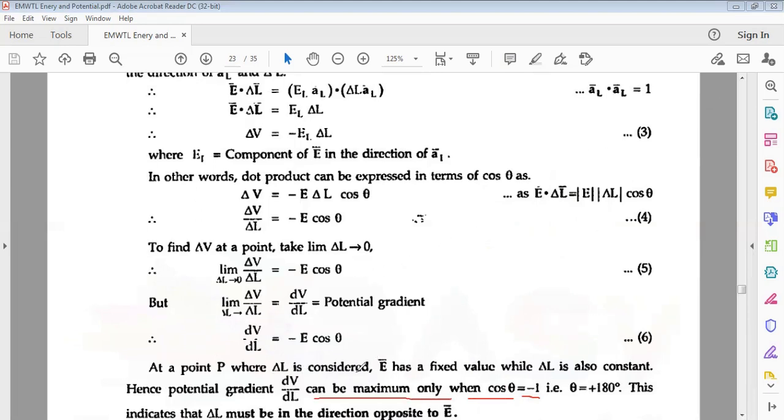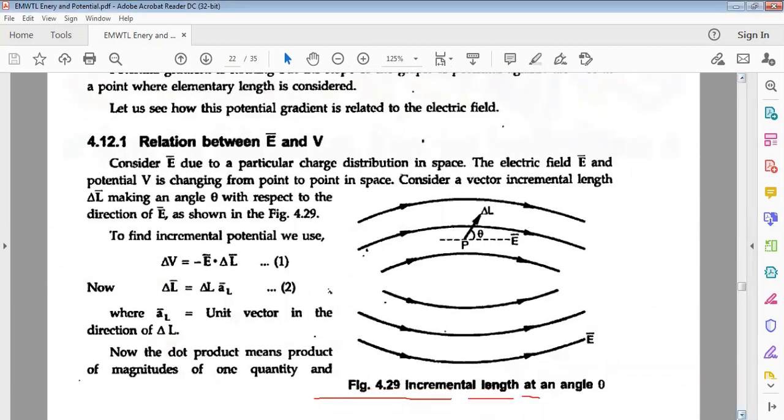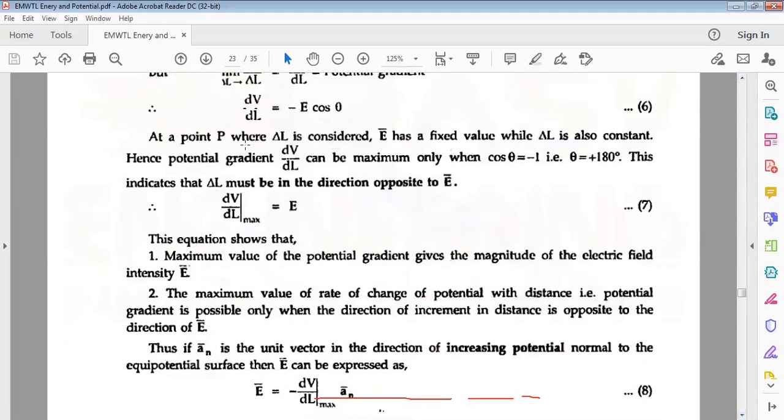In the diagram here, at point P, wherever you find the potential gradient, it is maximum only when cos theta is minus 1, meaning theta is 180 degrees. This indicates that delta L must be in the direction opposite to E bar.